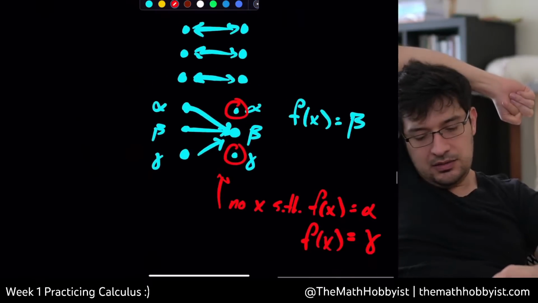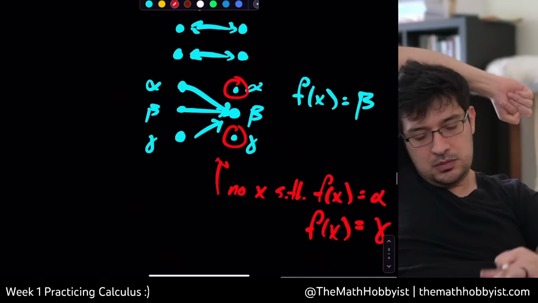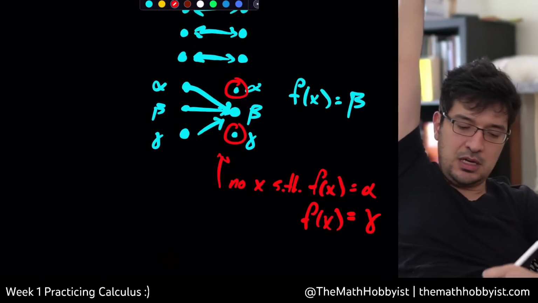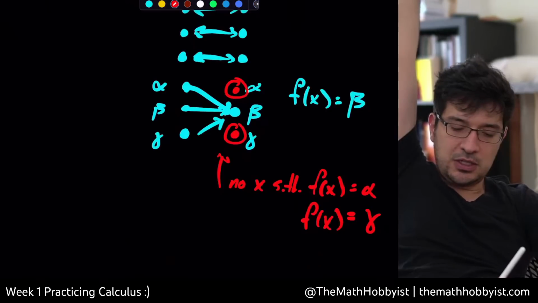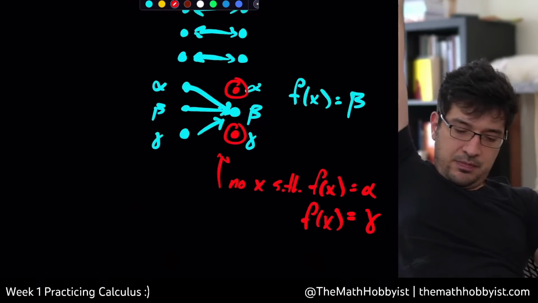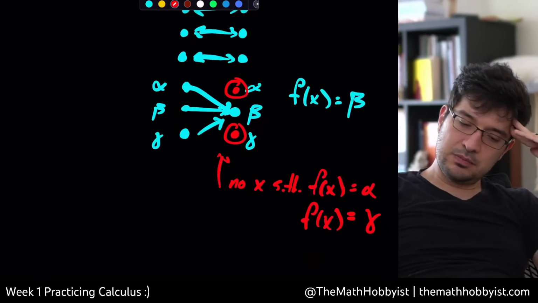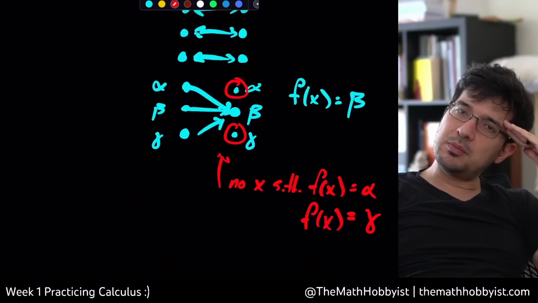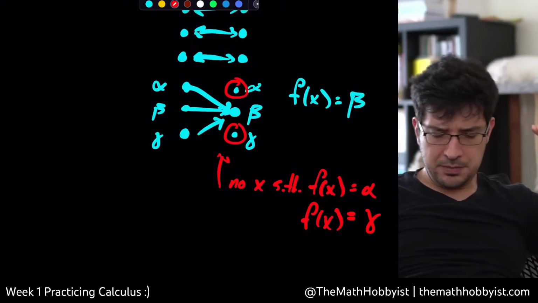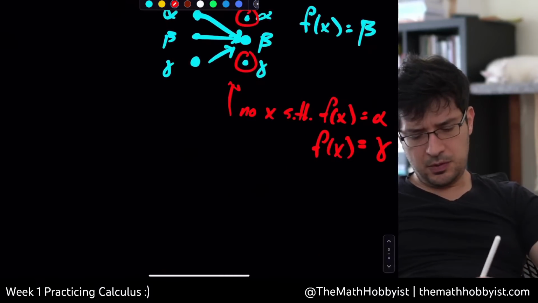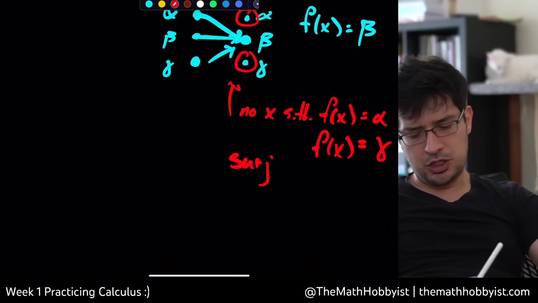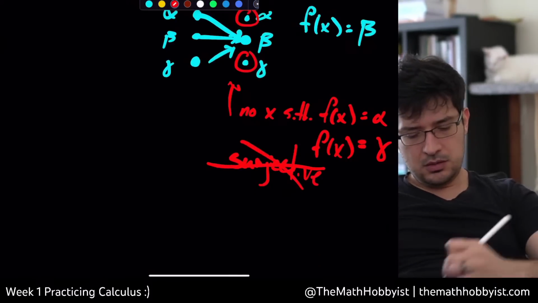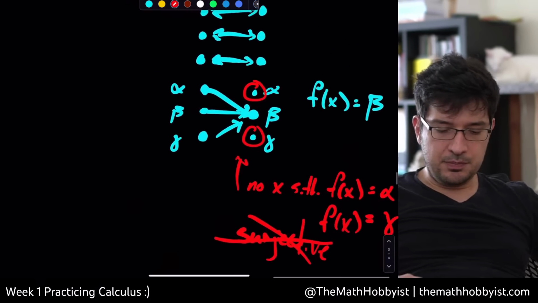There are these lonely, neglected dots in the right-hand side of this function that weren't invited to the party or something. So therefore, it is not surjective. That's what I'm trying to get to. This function is not surjective.